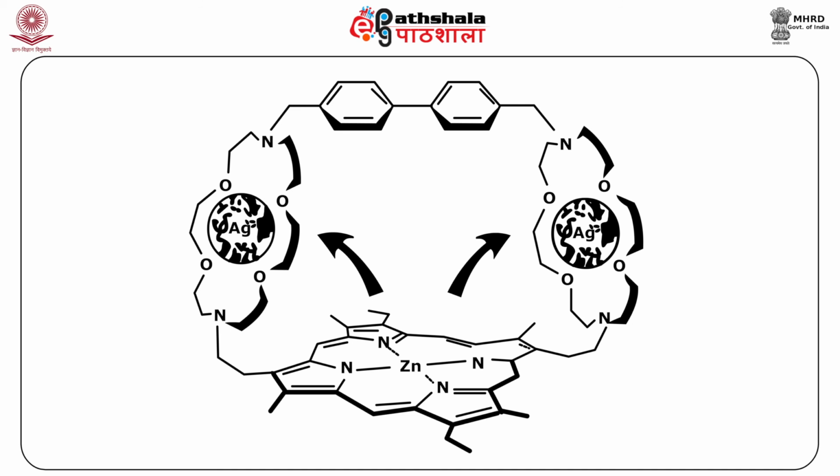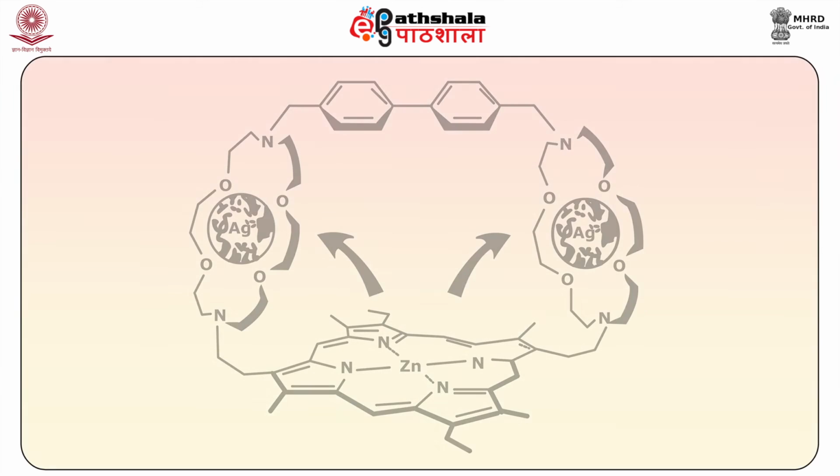This results in quenching of the singlet excited state of the zinc porphyrin center by an efficient intracomplex transfer, leading therefore to charge separation and generating a porphyrinium cation for a long lifetime. Now here you can see the same. The structure is beautifully shown to you here. That is a macrocyclic zinc porphyrin coreceptor containing both the photosensitive porphyrin group and the binding sites for the silver 1 cations as the acceptor centers.